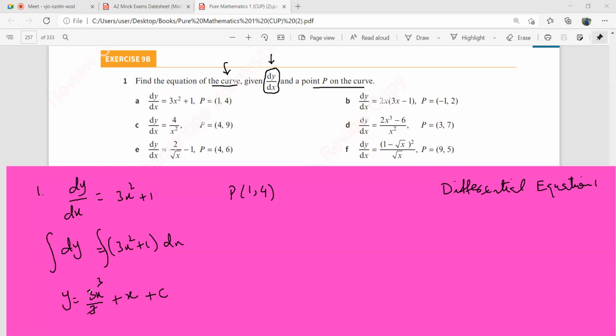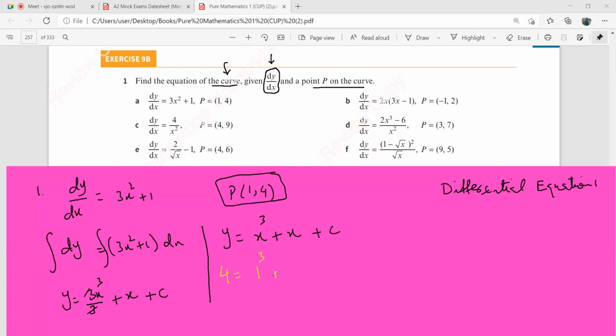Now we'll see why it was so important to write this plus c. Now you have y equal to x cubed plus x plus c. Guys, you have been given a point on the curve. So you will substitute this point into this equation here, and you will be able to get your c. I'll be putting y as 4 and x as 1.